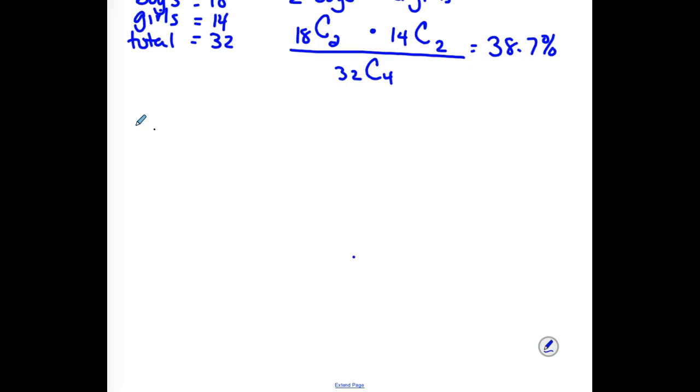But I could say I want a 7-card hand, and in that 7-card hand, I want 3 face cards and 2 5s. What's the probability of me getting that? How would we set it up?